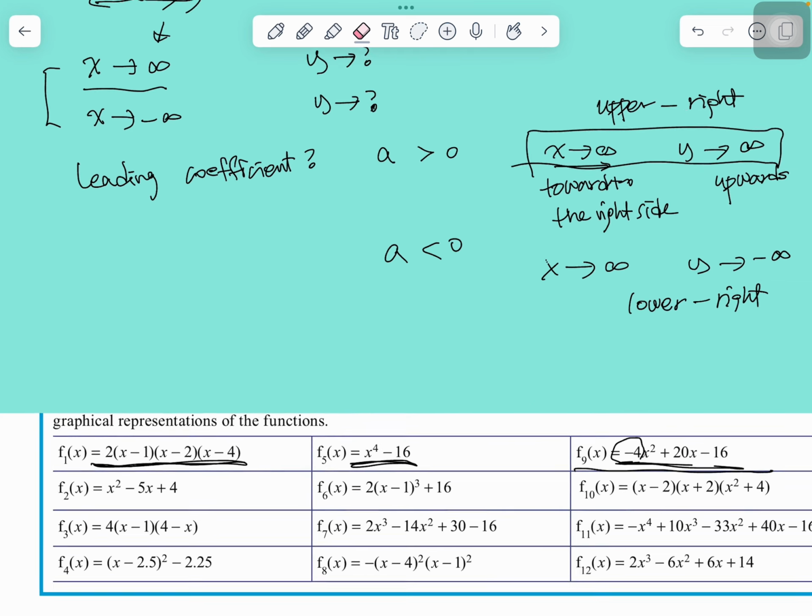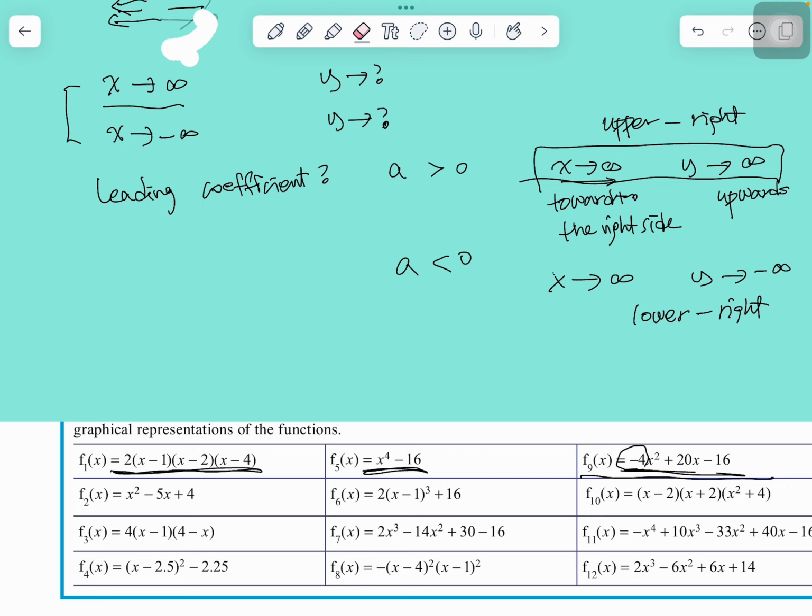The end behavior of the left side is determined by the degree.